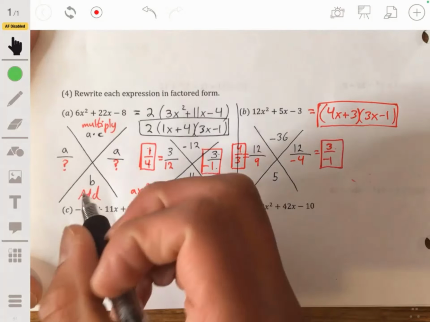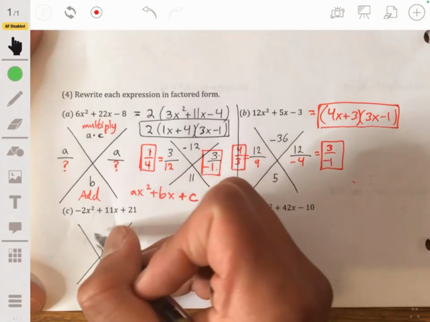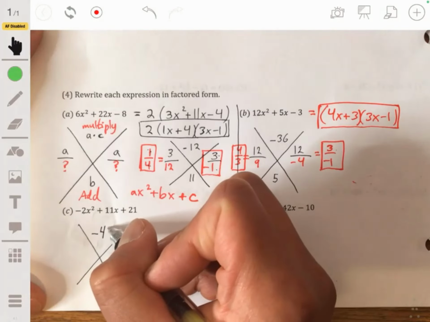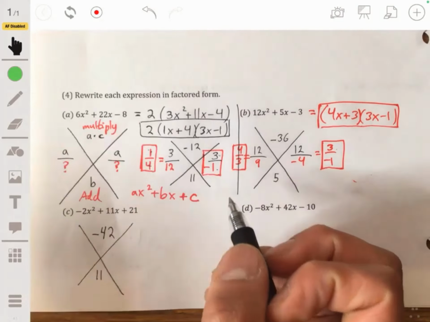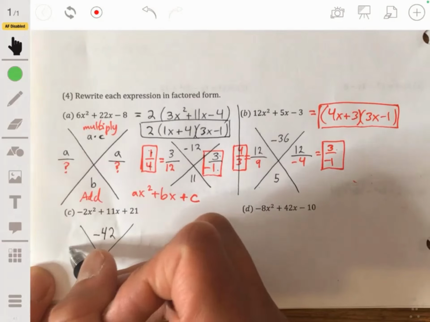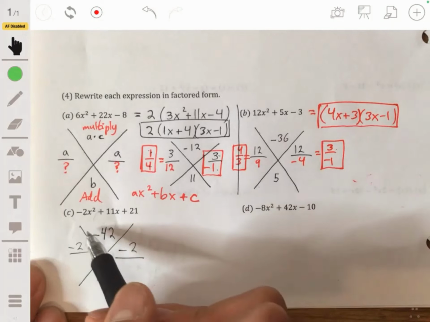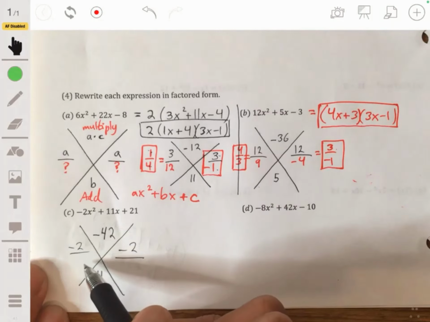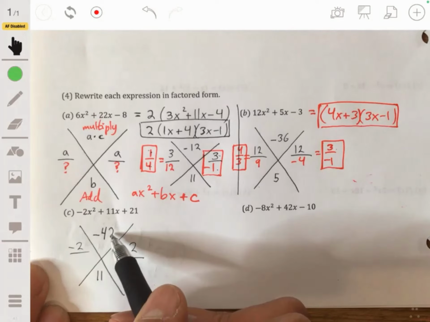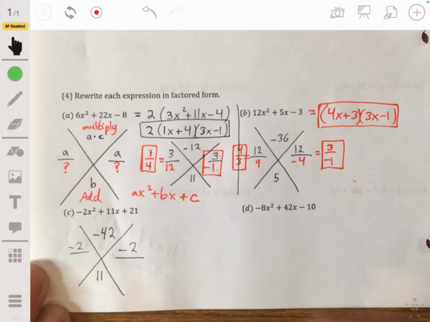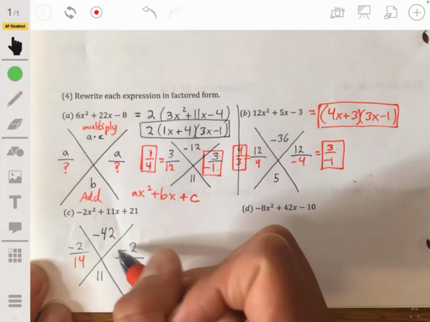A, B, C. So A times C at the top, so -2 times 21, -42. B in the bottom, 11 in the bottom. A over something, so -2 over something on the sides. Two numbers that multiply to -42 and add to 11. That would be 14 and -3.